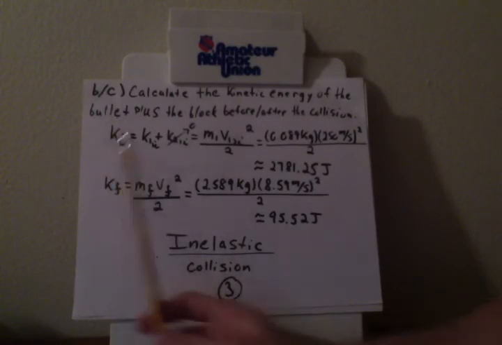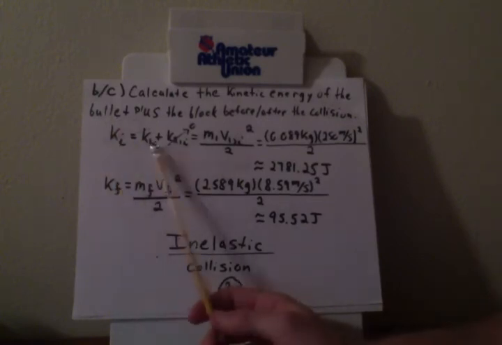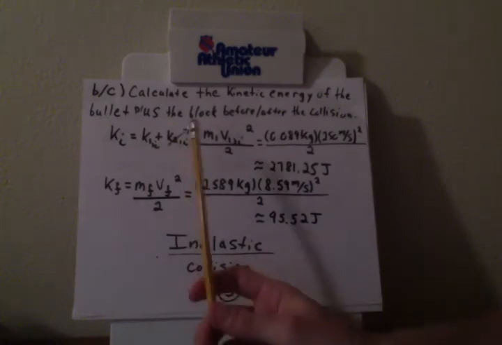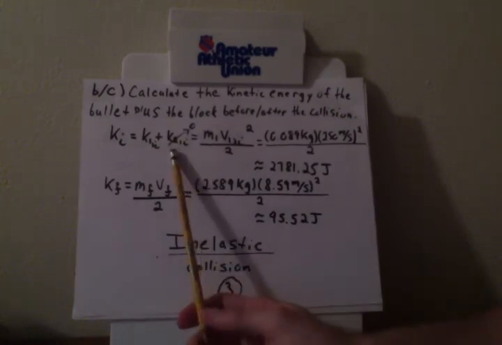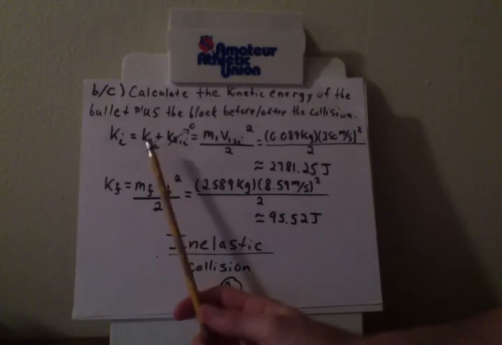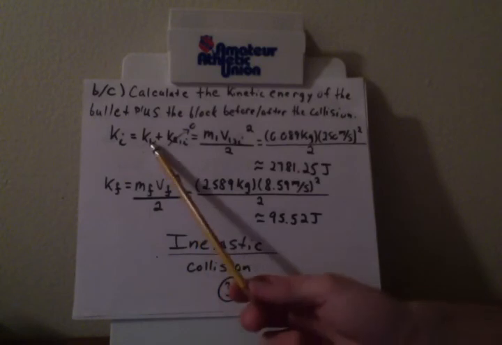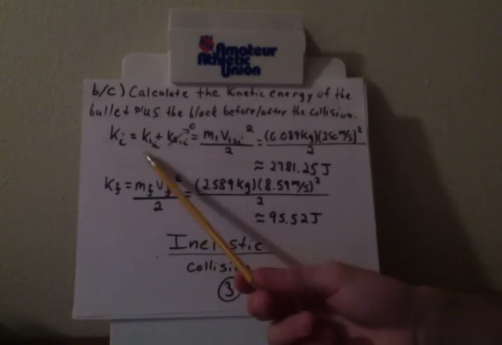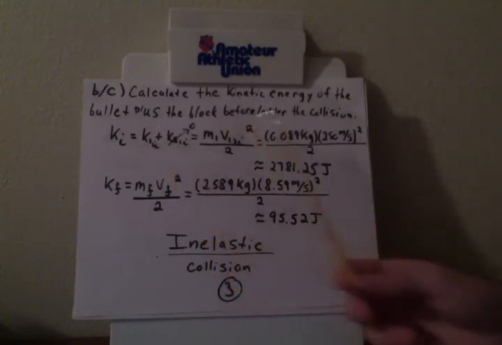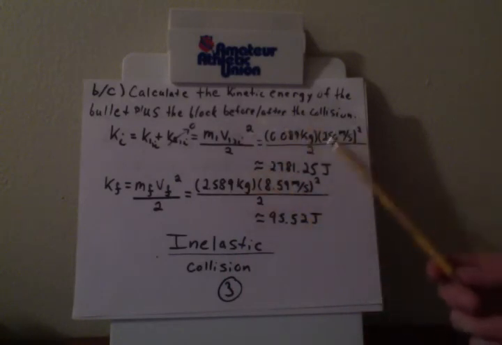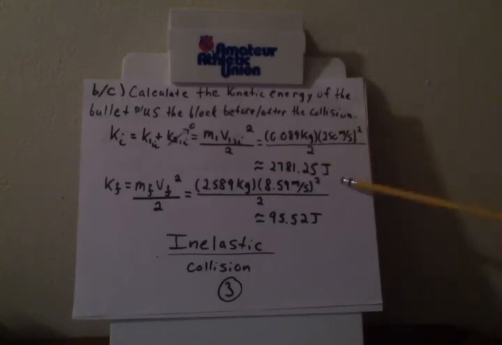So the total would be the sum of the initial kinetic energies, but again, because the block is initially at rest, that initial kinetic energy goes to 0. So we're just left with the kinetic energy of the bullet, where kinetic energy for very low speeds relative to the speed of light is defined here. And plug in the values, and I got this value here in joules. Dealing with kinetic energy, we like our answer in joules.